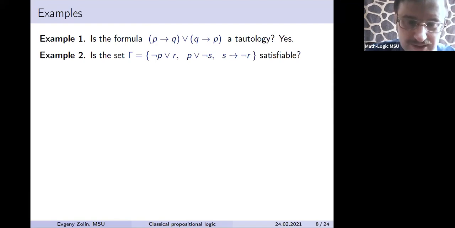Let's consider this set of formulas. Can we say whether it is satisfiable or not? Can we assign zeros and ones to variables? To simplify the task, notice that not P or R is the same as P implies R. So this is an implication, in fact. And similarly here.